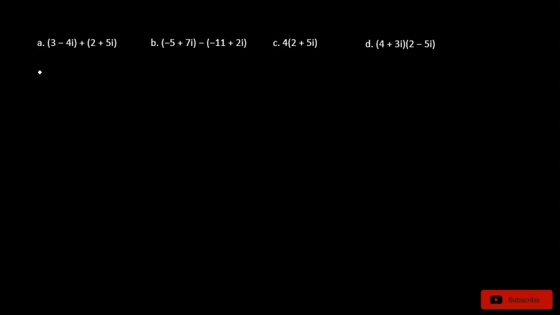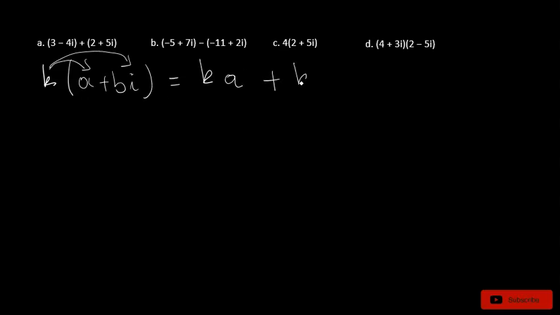If k is a real number, I will multiply it by a complex number a plus bi. This is equal to what? We're going to do distribution. It's ka plus kbi. Then we simplify.